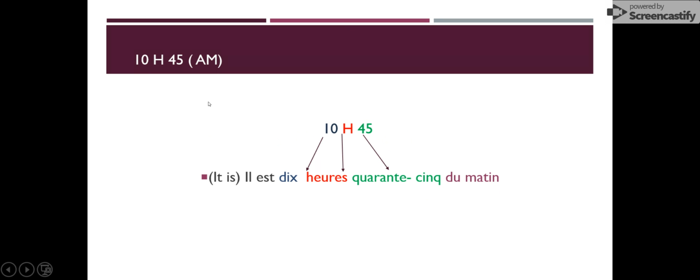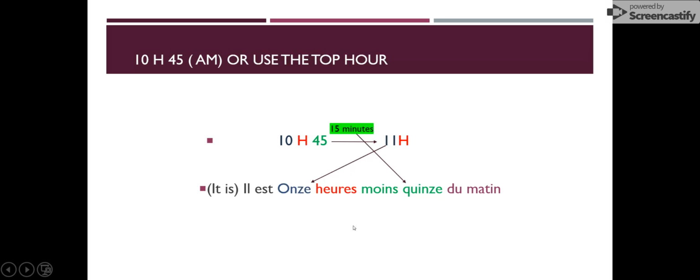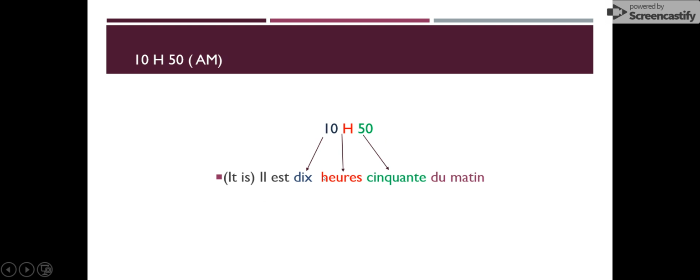The same rule applies for 10:45. Il est 10 heures 45 du matin, because 45 in French is quarante-cinq. Or you can also use the top hour, which will be il est 11 heures moins 15 du matin, because in 15 minutes it will be 11. Il est 10h50 du matin for 10:50 a.m. But what will happen in 10 minutes?